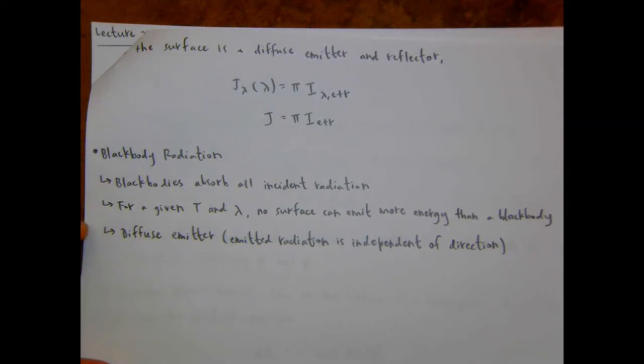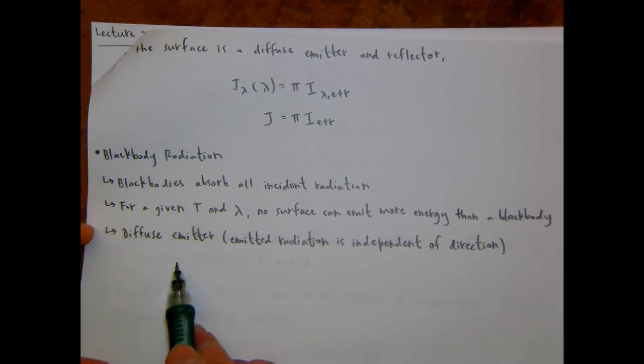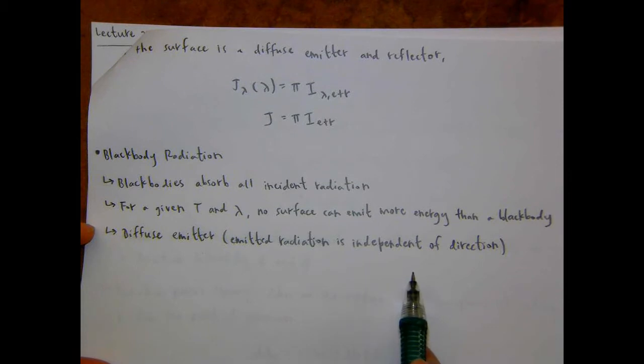And finally, black bodies are diffuse emitters, so the emitted radiation of a black body is independent of direction. And so for the spectral intensity, we wrote down special expressions for diffuse emitters. For black bodies, those are the expressions that you'll use. So we're going to finish off talking about black body radiation today, and then maybe get into radiation exchange between surfaces.